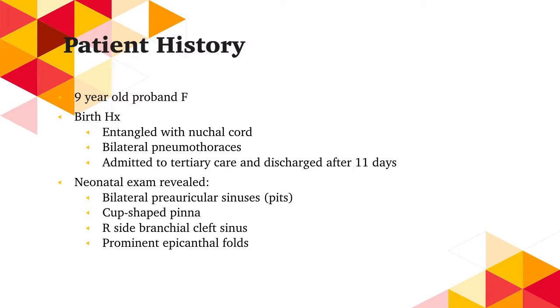Little girl Doe was born with the umbilical cord entangled around her neck. She was born with bilateral pneumothoraces, which is when air gets into the space between the lungs and the chest wall. From that, she was admitted to tertiary care, and then she was discharged after 11 days.